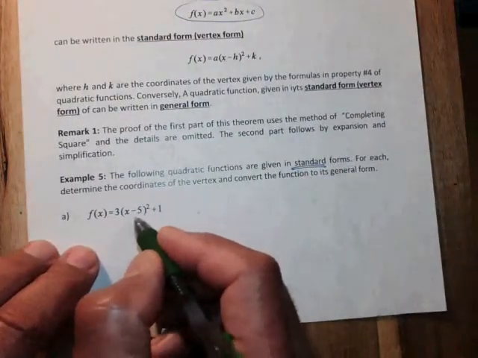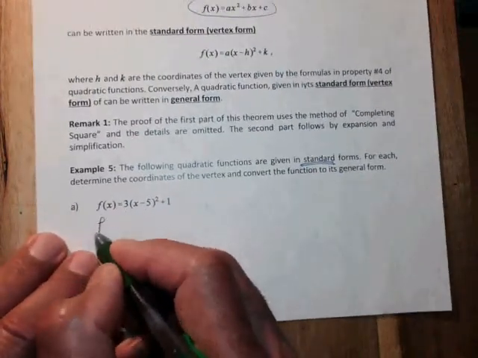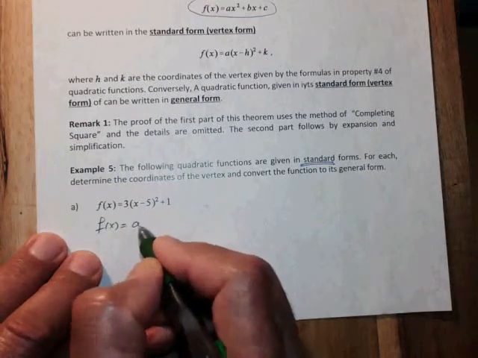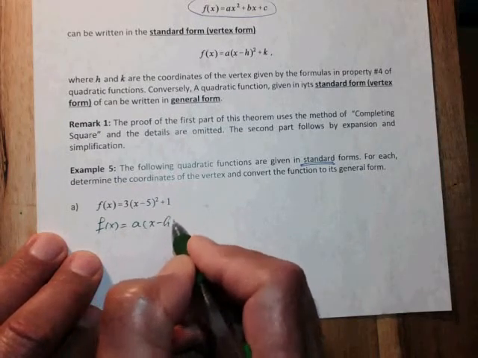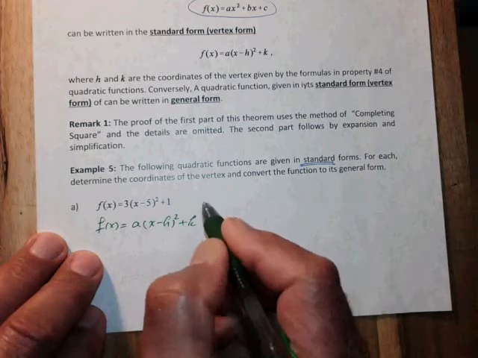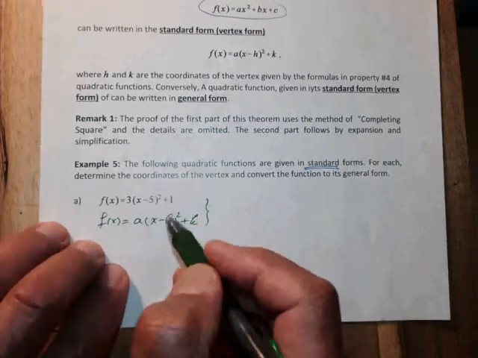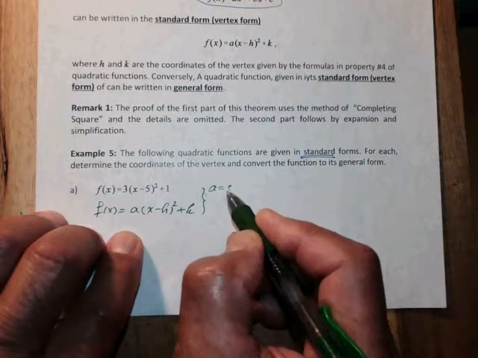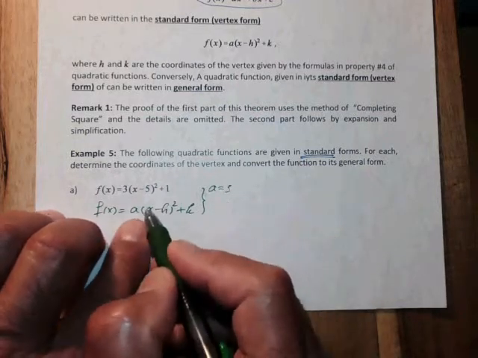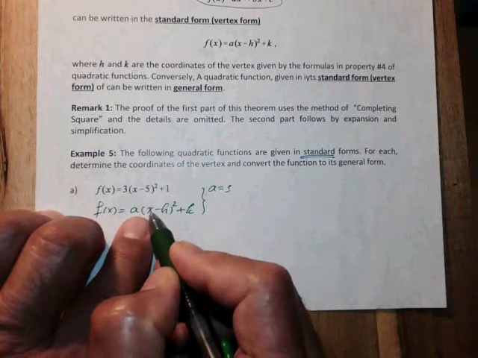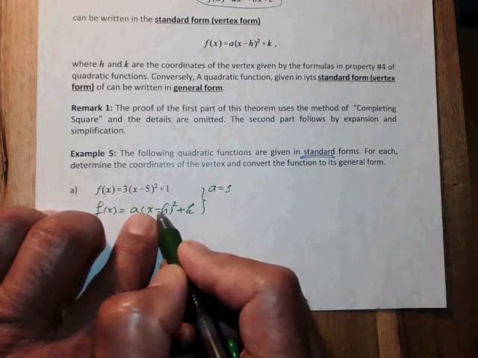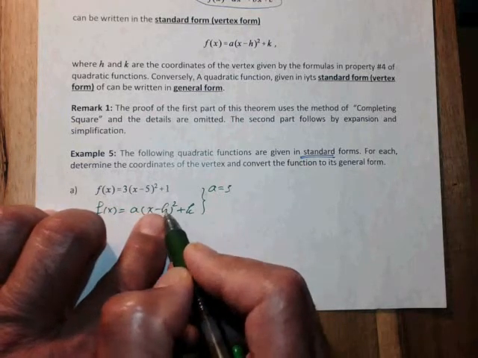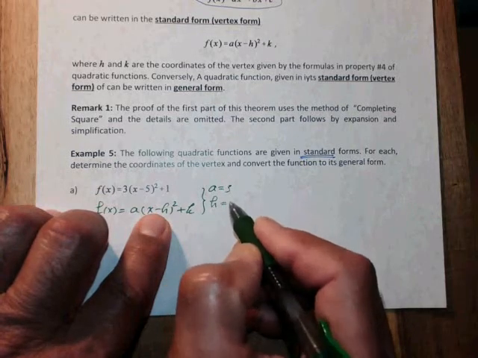If I compare this one with f of x equals a times x minus h squared plus k, then clearly a is 3, this x corresponds to this x, this minus corresponds to this minus, therefore 5 corresponds to h, so h is 5.